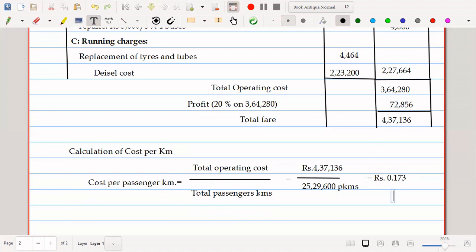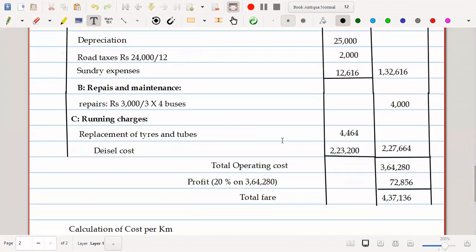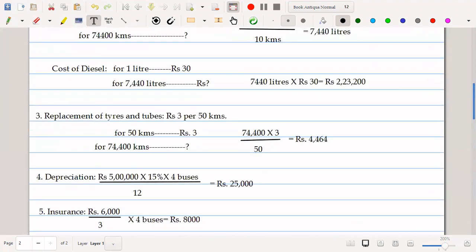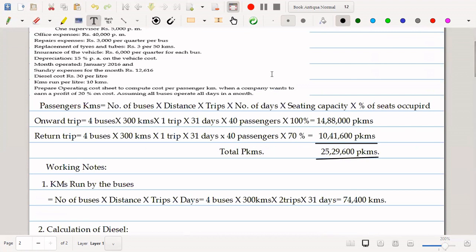So this is how you calculate cost per passenger kilometer, and this is the total operating cost. By preparing the operating cost sheet, we can calculate total operating cost, and these are working notes related to this problem, and this is the total passenger kilometers.